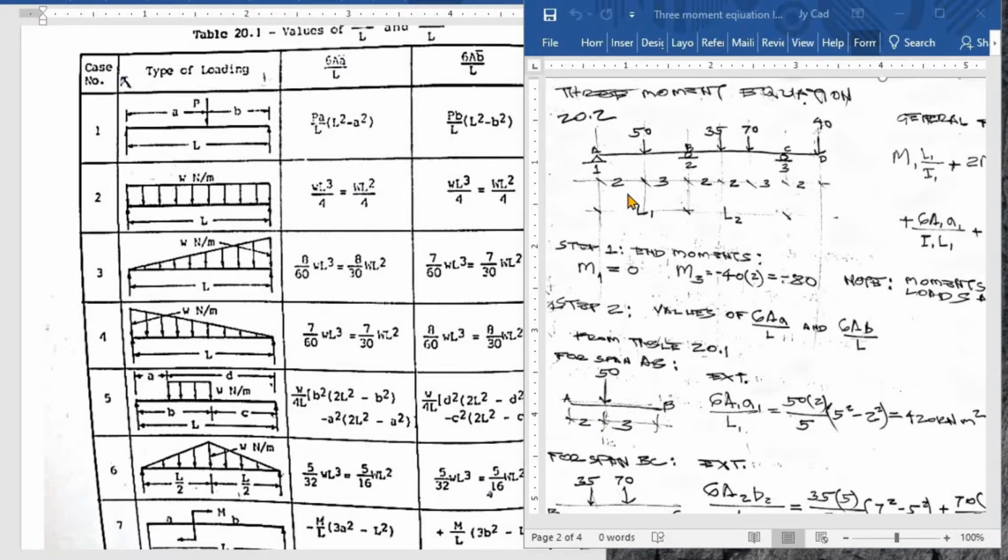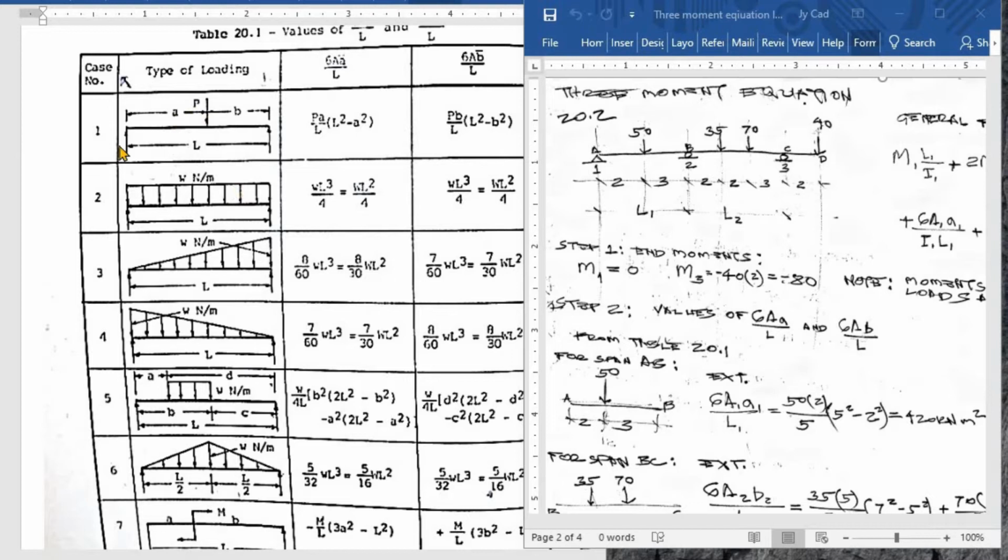And then, ang i-consider mo dito yung exterior end. Okay, so that is at A. Ang value ngayon ng 6A1, small a1 all over L1, pupunta ka ngayon sa table 20.1, which is ito. Hanapin mo ngayon yung kaparehas niya na figure, which is ito may concentrated load ka at within the span.